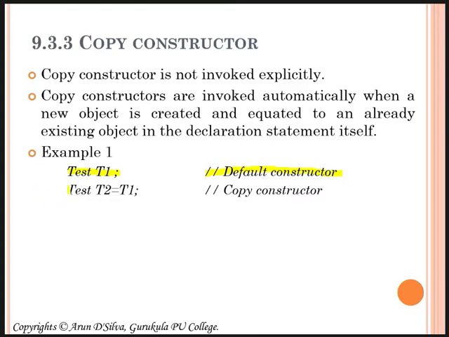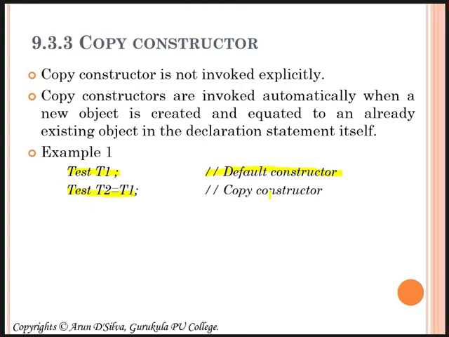In the next line, I'm creating one more object, Test t2, and I'm assigning t1. Now the copy constructor will be invoked, and the value stored in t1's member data will be assigned to the t2 member data. This is the way a copy constructor will be used.